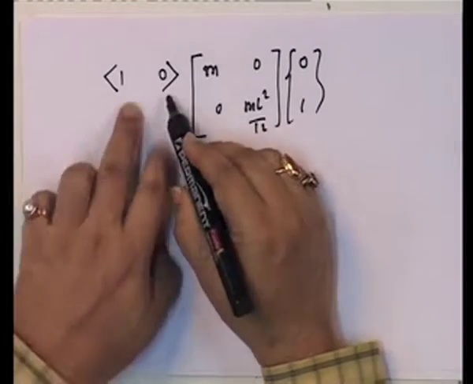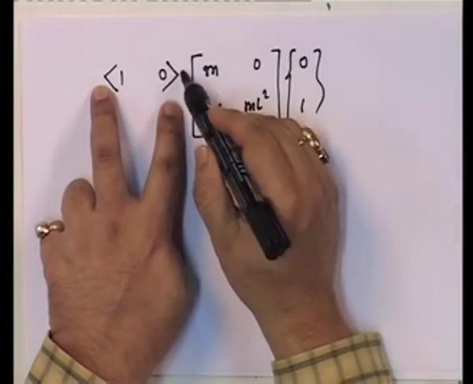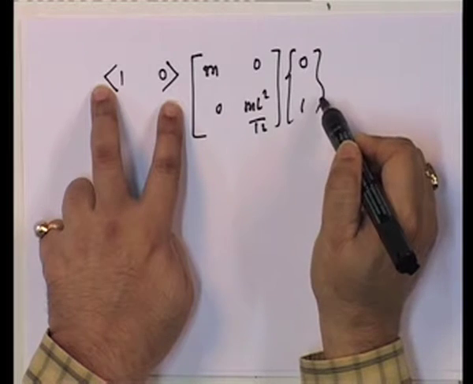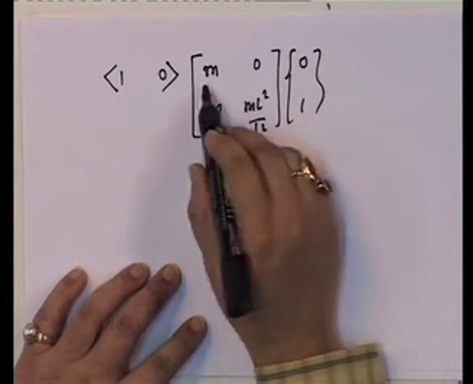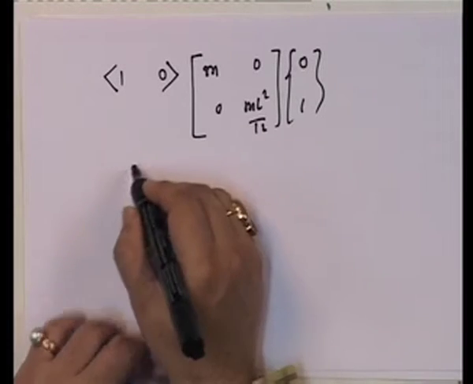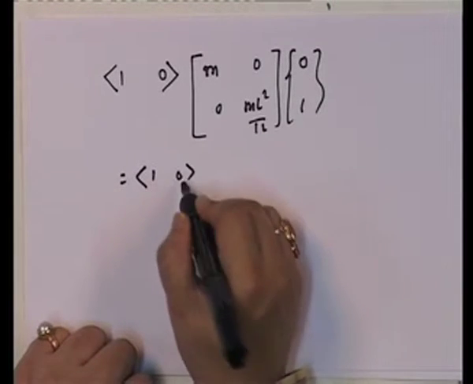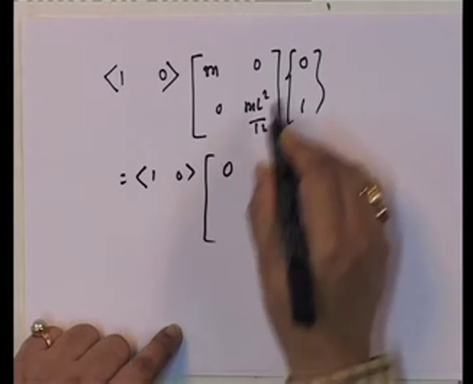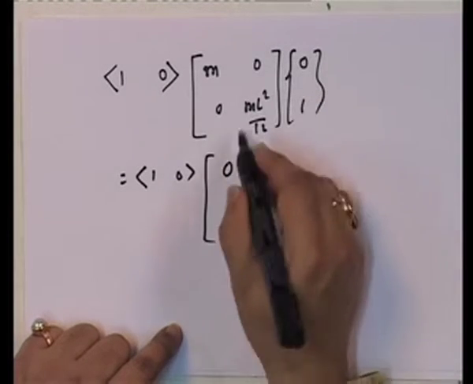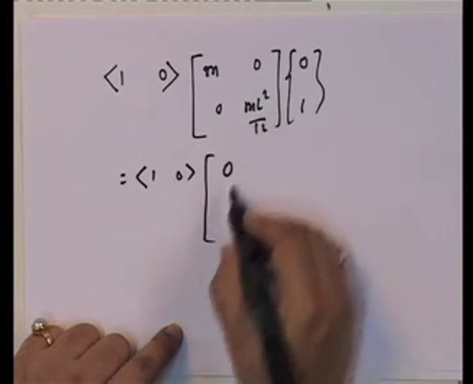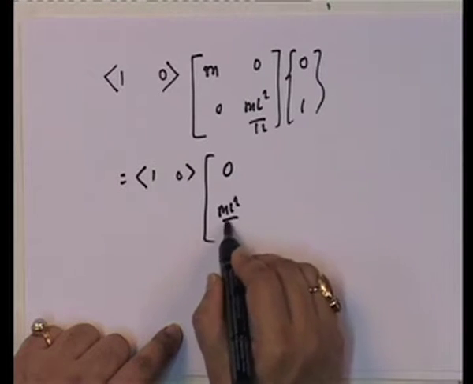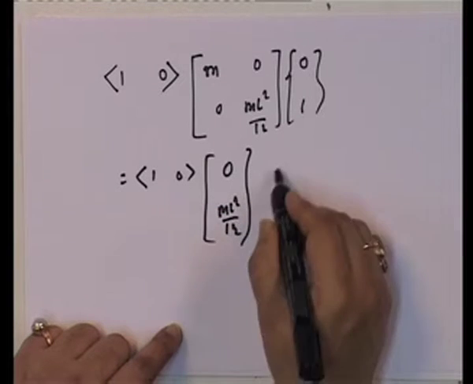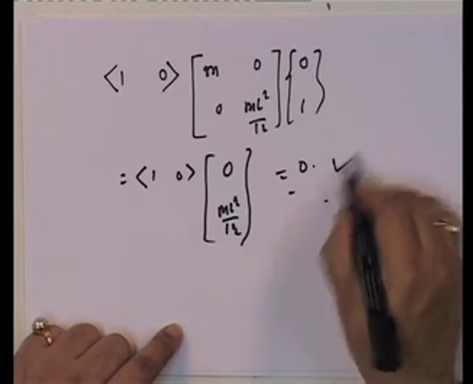Right, 1, 0 is phi 1. So, it is phi 1 transpose M into phi 2. Okay. So, if you look at this, this one gives me what? This is equal to 1, 0 into 0 is 0. This is 0 into 0 into m L squared by 12. Now, 1 into 0 is 0. Check.